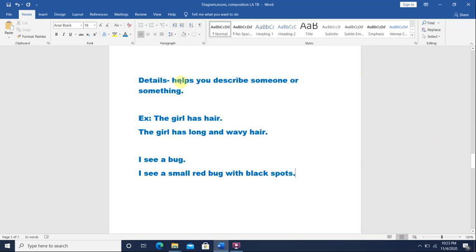Okay, so here I just mentioned that I see a bug, but if I say I see a small red bug with black spots, okay, so I'm using details so the person can imagine what the bug would look like.